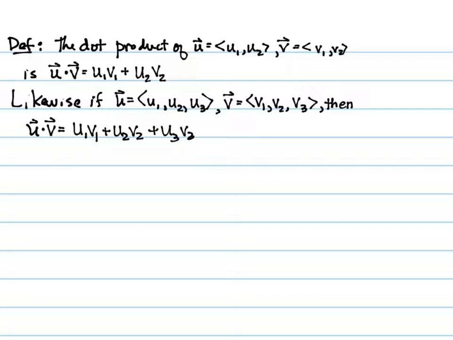We're going to do some examples, but before we do, I'd like to talk about some properties of the dot product. And probably have enough space on the screen to put most of them, so we'll get started on the screen. We'll do theorem 11.4. Properties of the dot product.